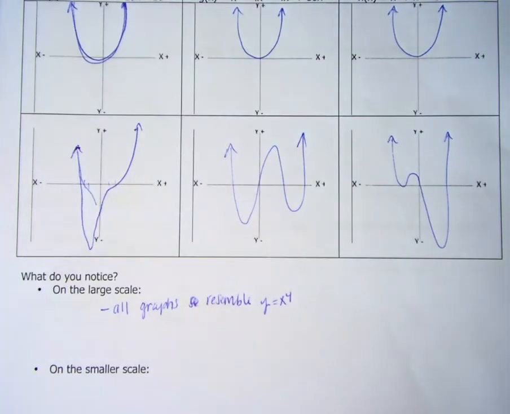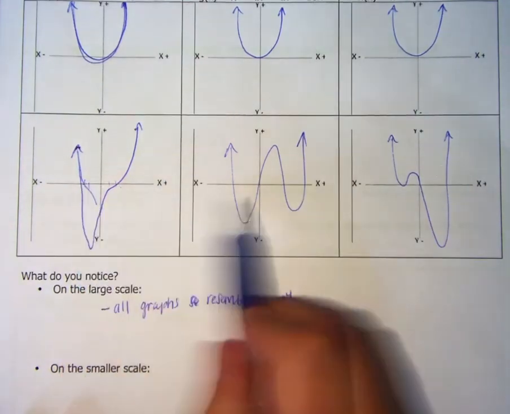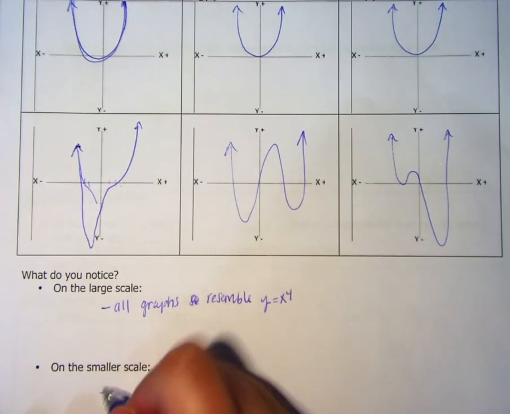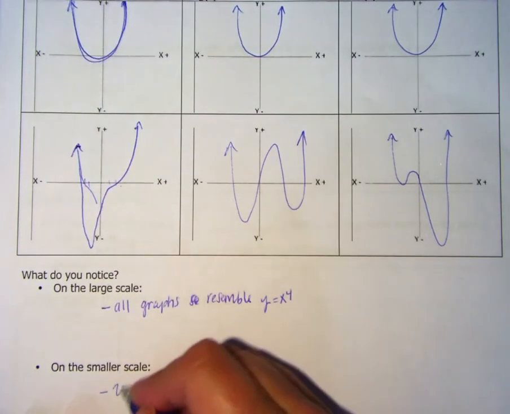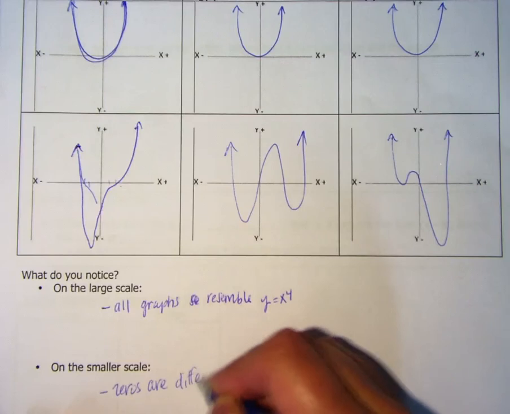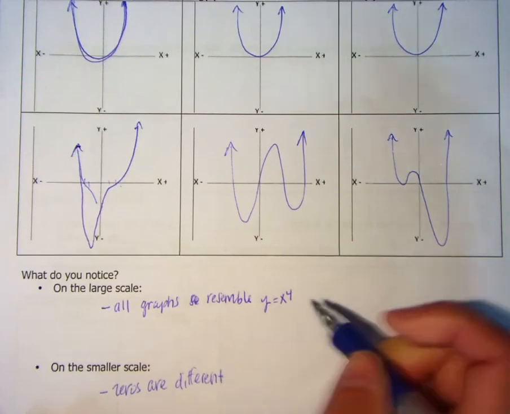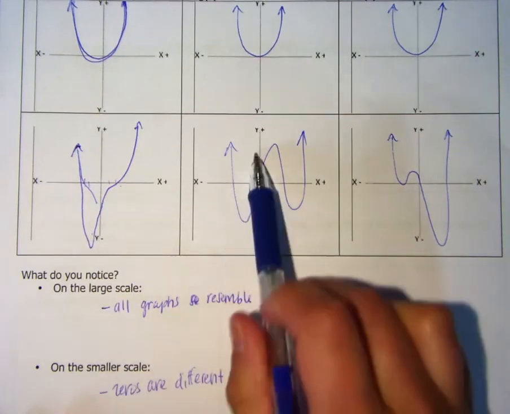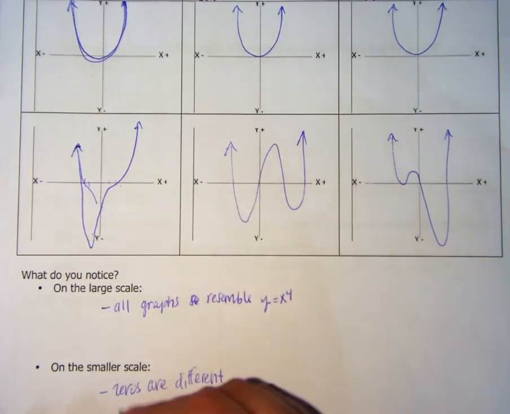But once we look at each one on the smaller scale, those 3 functions are definitely not graphing the same way, right? We have different places where they're crossing the x-axis, so their zeros are all different. We have different numbers of bumps.